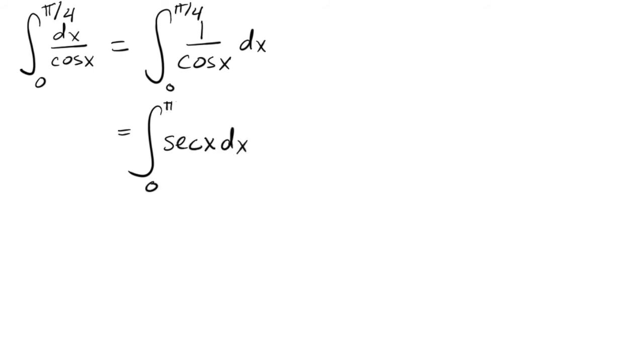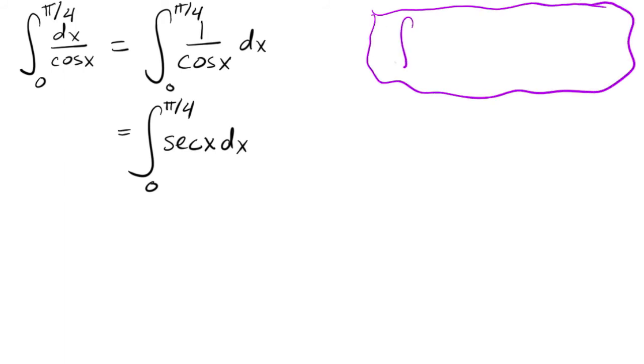And remember that, so I'm not going to derive the antiderivative of secant, but remember that to find it, if you want to do it over again, you do a u substitution where you let u be secant x plus tangent x.